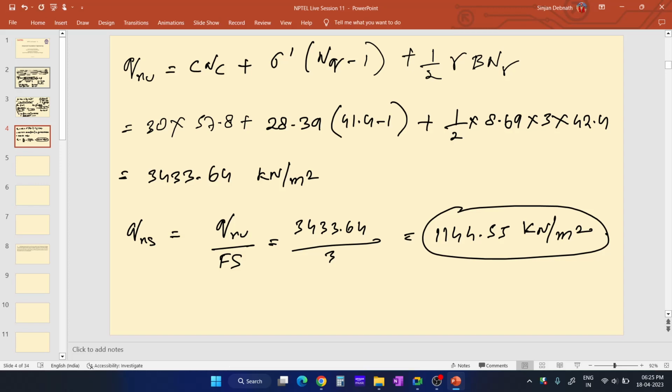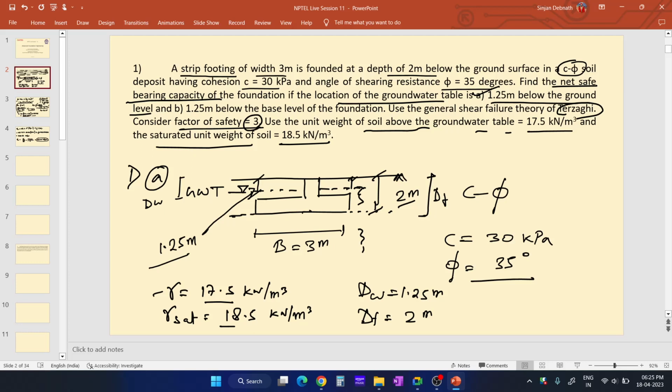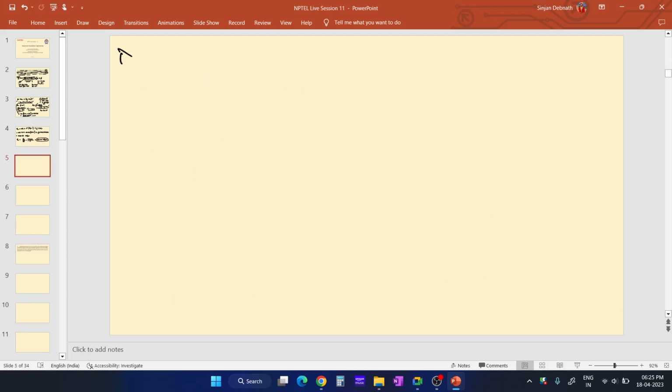So what is the second part? In the second part, the groundwater table depth is 1.25 meter below the base level of the foundation. Suppose this is your ground surface, this is your footing.